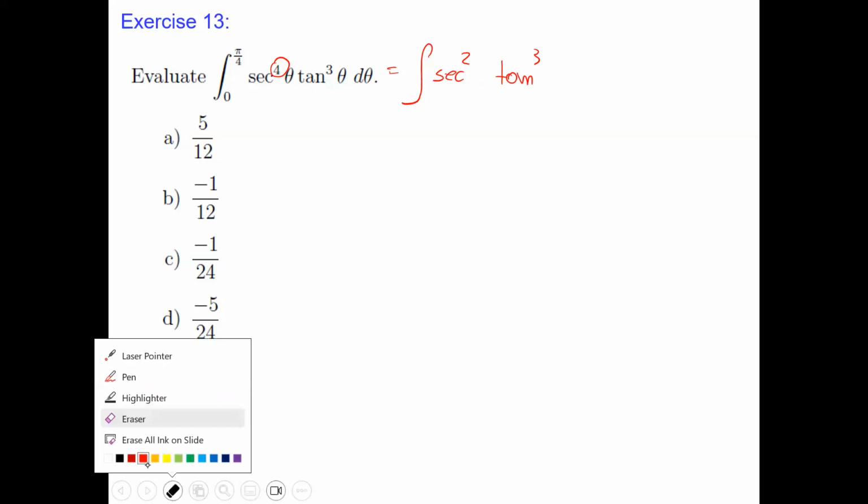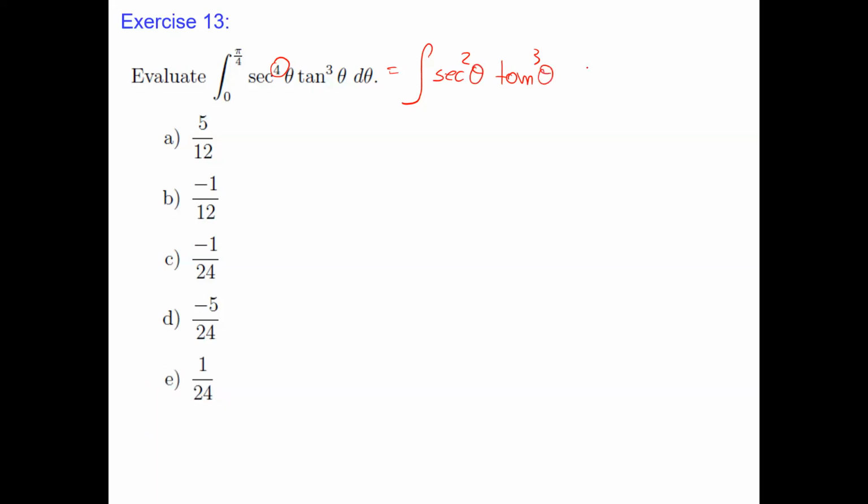Yeah, I got used to theta. And what I need is secant square theta d theta. That means this is my du. That means I split this. Then the rest of the integrand, we have to rewrite in terms of tangent.